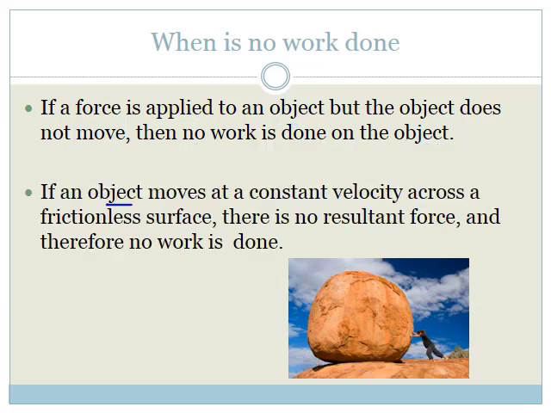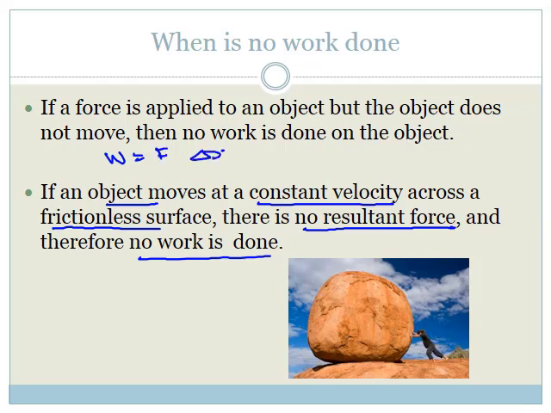Also, when an object moves at a constant velocity across a frictionless surface, then there is no resultant force. Then there is no work done on the object. Okay, so let's think about what we said. We said work is equal to F delta x cos theta.